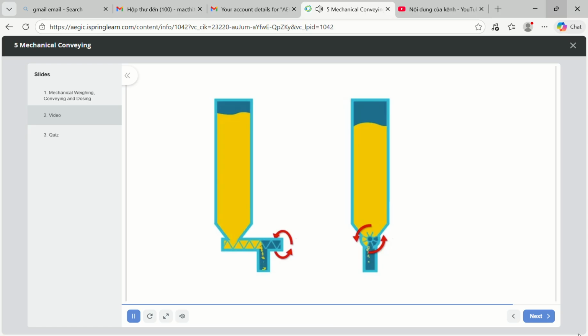The faster the rotation, the larger the volume that gets dosed out. However, variations in material density can lead to inaccuracies. If the material density changes, even at the same rotational speed, the weight of the material per unit of time also changes.